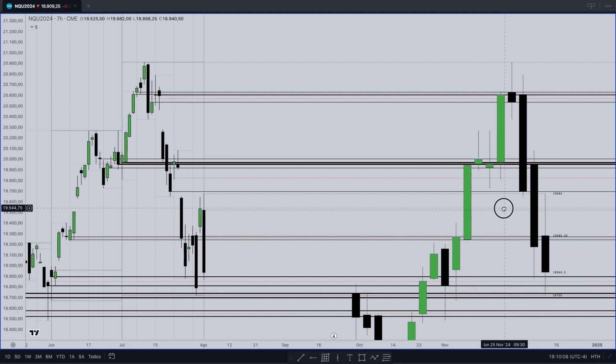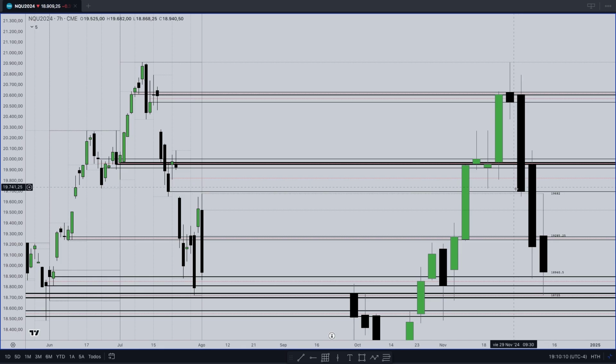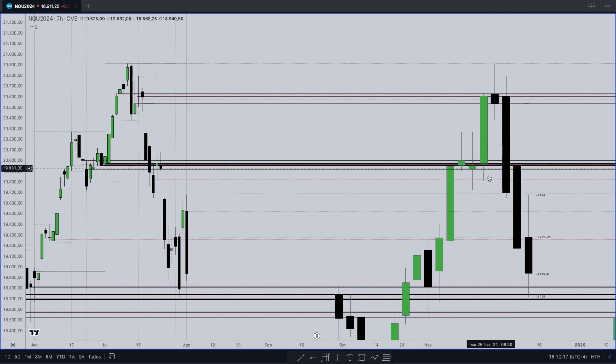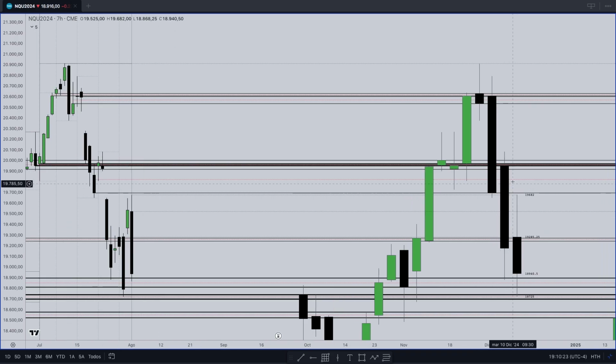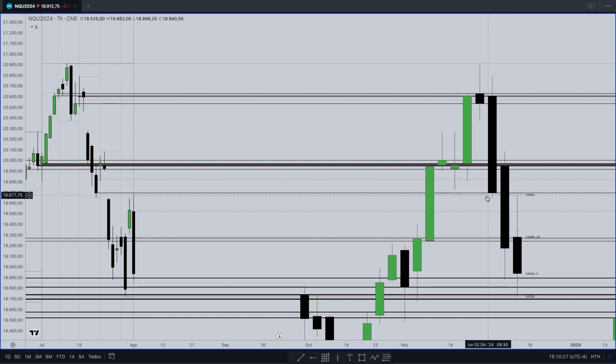So the fact that we close below this gap, and we open and close below, what is this? This price is completely balanced. There is no reason to come back here to this gap.